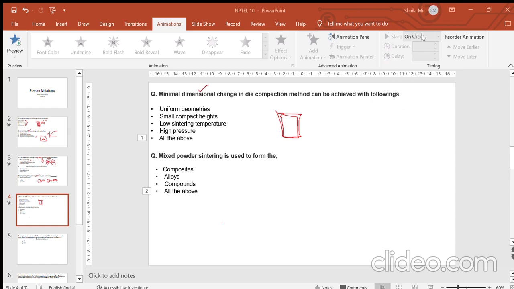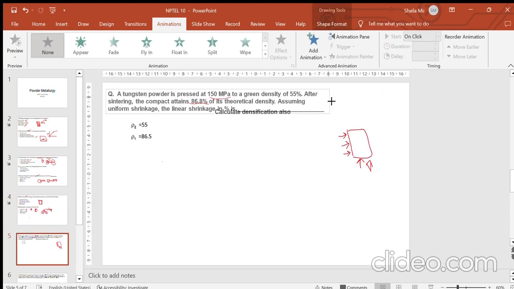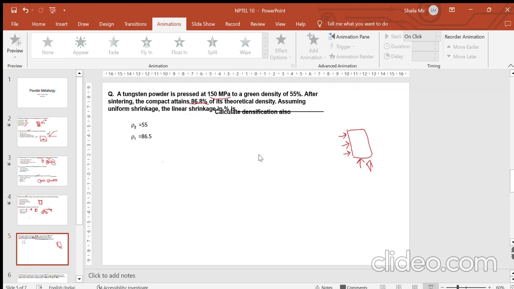And it is asking for the linear shrinkage in percentage. You have to identify the linear shrinkage. So let us write down the parameters that we have been given. We have been given that there is a pressure being exerted on the compact, and that is equal to 150 MPa.